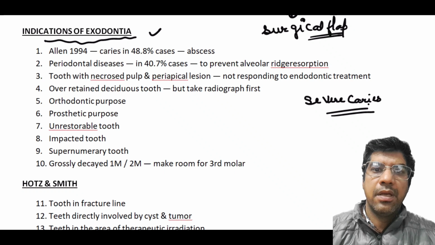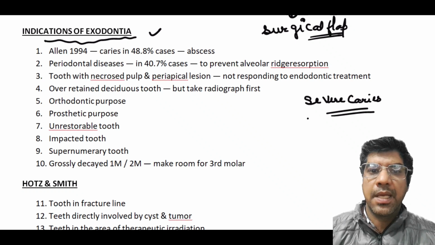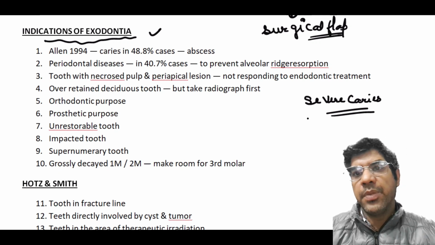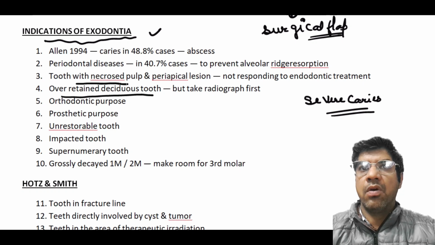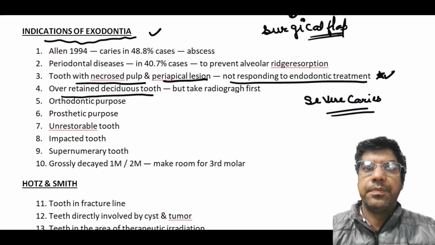Second, severe periodontal disease, when the tooth is not salvageable through periodontal therapy, or a condition affecting the tooth structure beyond repair. It can also be performed in case of over-retained deciduous teeth, teeth with necrosed pulp and periapical lesion, and teeth that are not responding to endodontic treatment.